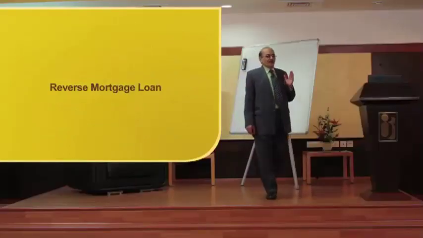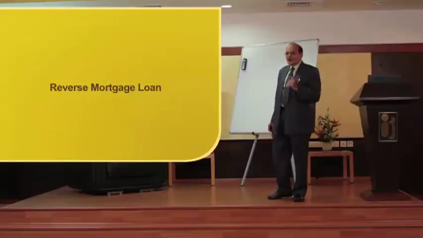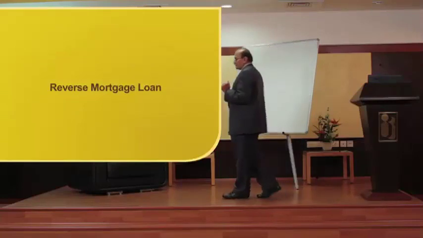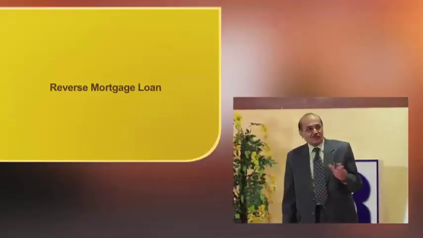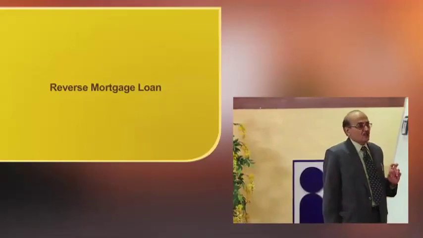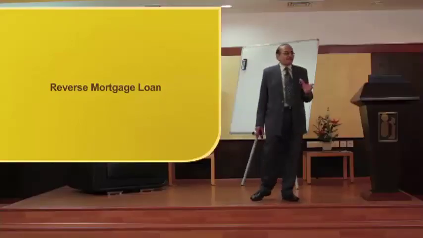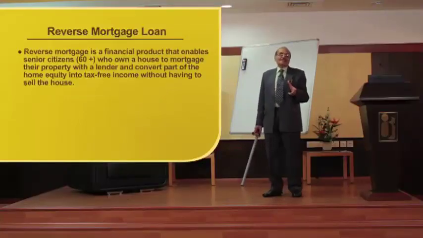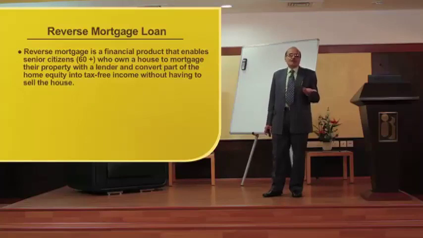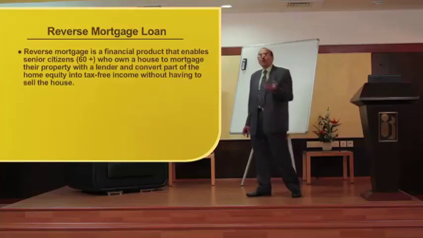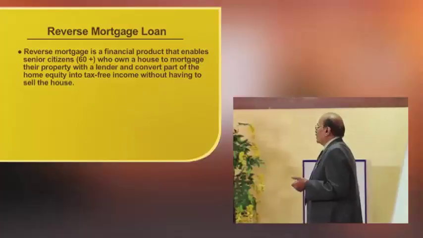Let us also have a look at a product which has been introduced to help the senior citizens of this country. It's called a reverse mortgage loan. It's a product which is aimed at helping those who have completed 60 years of age and those who own a house.